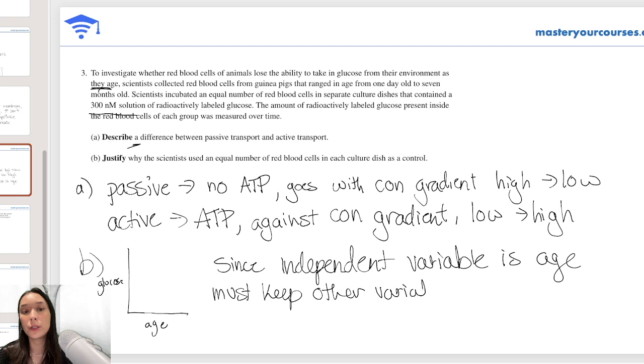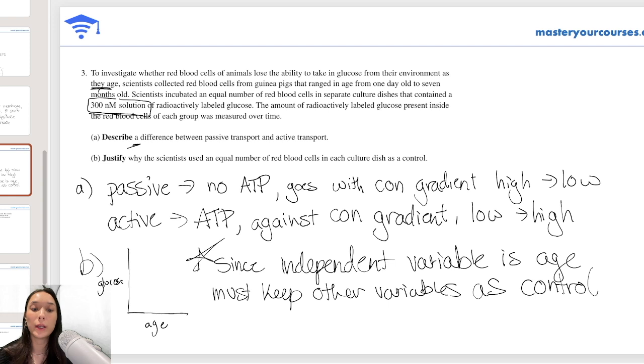So other variables like the number of red blood cells, you also need to keep the amount of glucose that you added as a control as well. So there's a bunch of different controls here. But basically, since you're only attempting to look at the effect of age, you can't change any other variables. Let's keep other variables as control so that you can directly look at the effect.